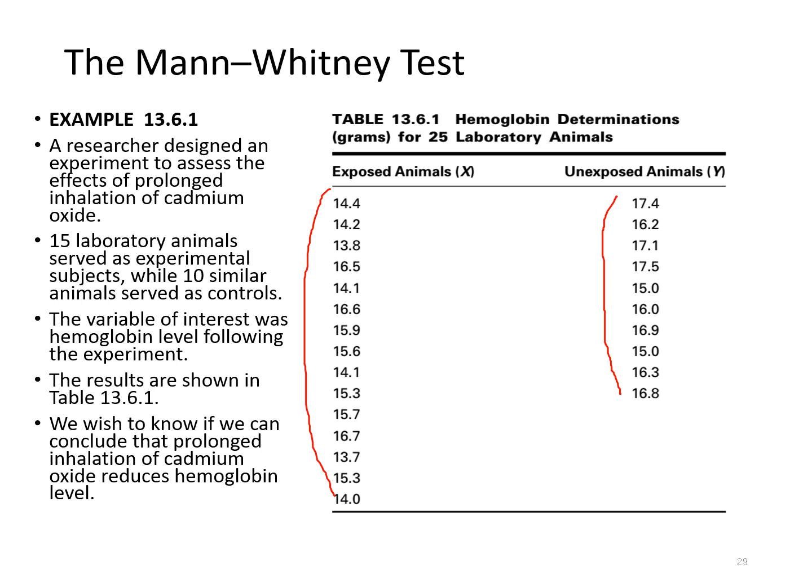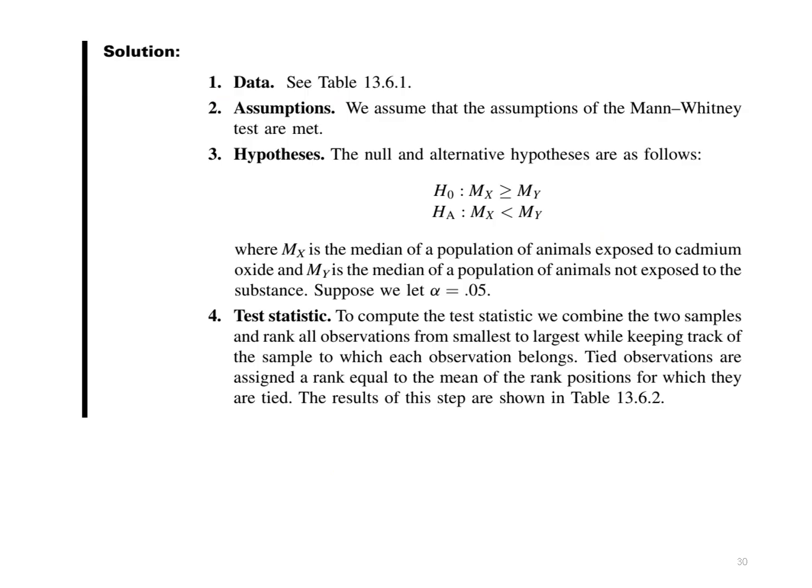We call it the Mann-Whitney test. Two people, Mann and Whitney, worked together and developed this test. We've seen this data already. Then the assumptions of the Mann-Whitney test, and here we have a null hypothesis.